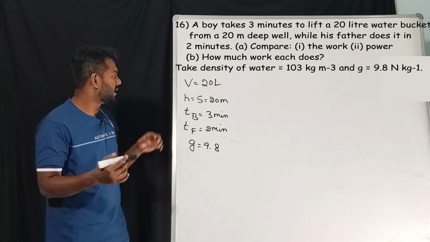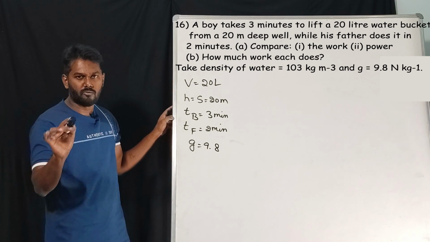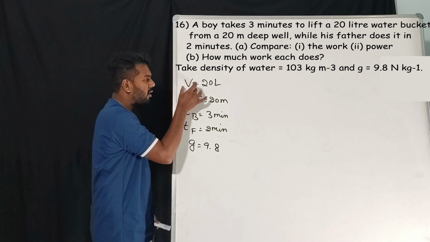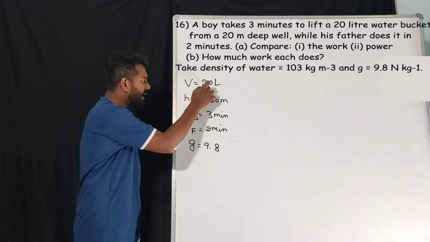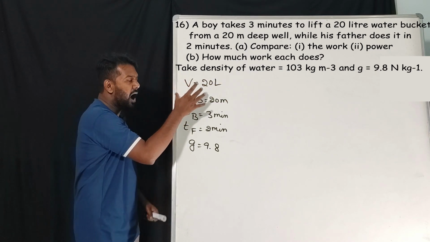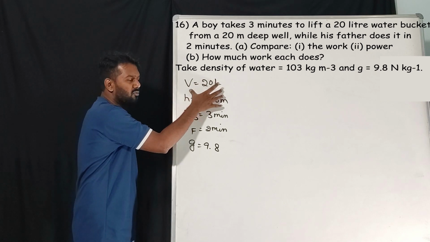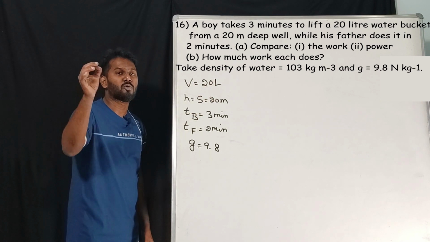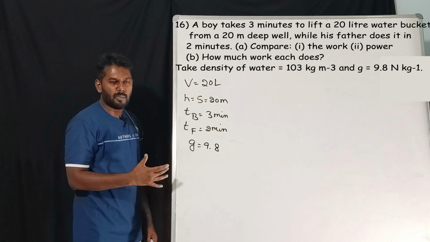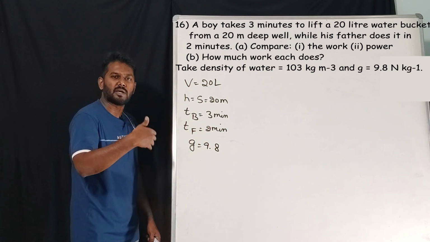So to find work done, we need mass, correct, or force. If force is not given, we need mass. Whenever the volume of any liquid is given, like 20 liters, 50 liters, we have to get the value of mass. So how to find the mass? Using volume. This I have taught in question number 7. Please go to question number 7, learn that method and come back, because here it is going to take some time.